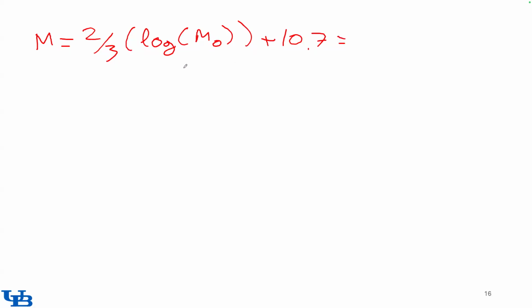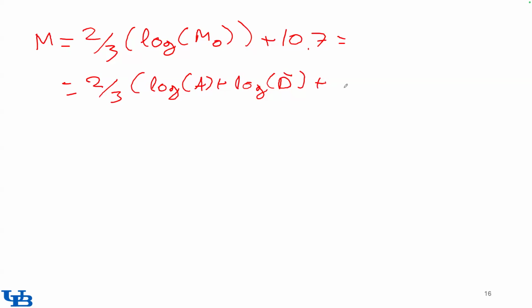If we substitute the seismic moment as the stiffness times area times displacement, and use the fact that the log of a product is the sum of the logs, we have 2/3 of log of A plus log of D average plus log of stiffness, plus 10.7, is the moment magnitude.